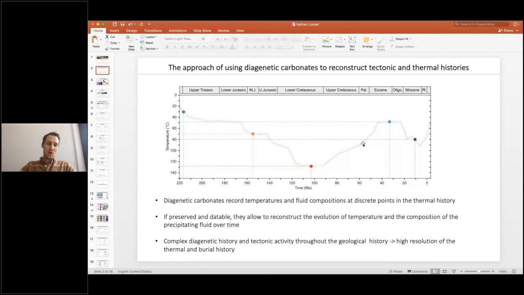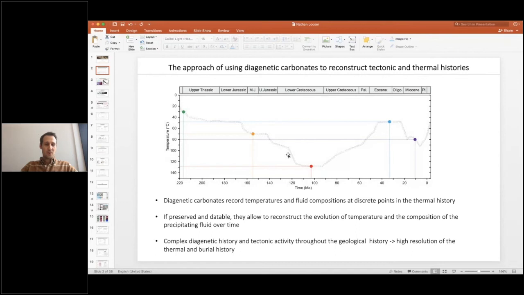Now, the more complex the diagenetic history is, so the more diagenetic phases that form, and the more tectonism taking place throughout the geological history of a basin, the more of these points we get, and the higher the resolution of the thermal and burial history of that sedimentary basin is going to be.